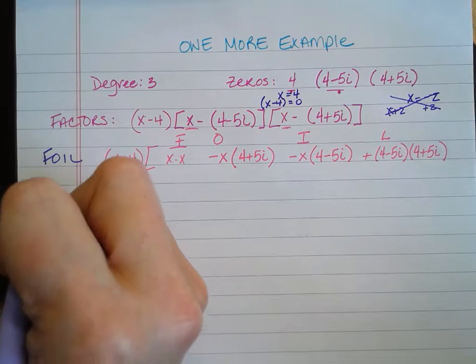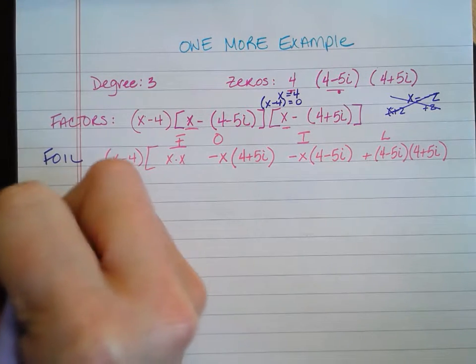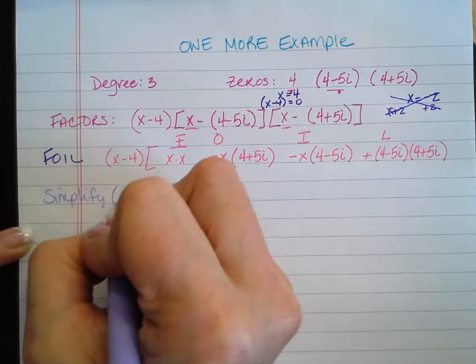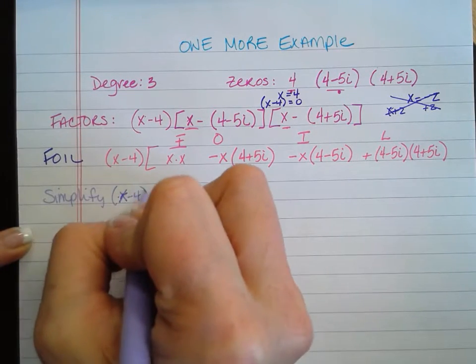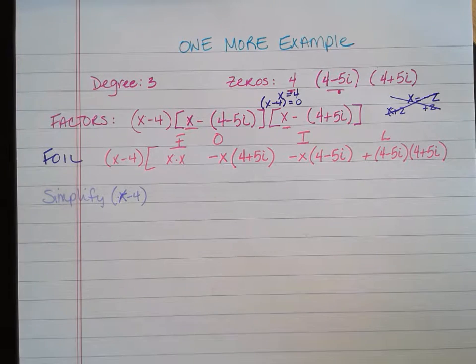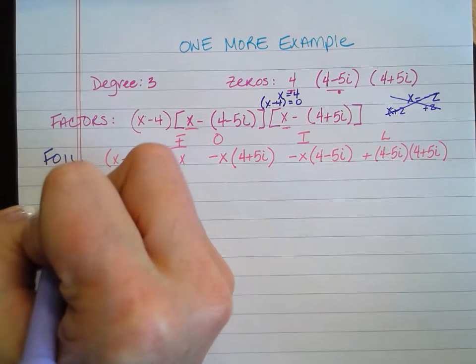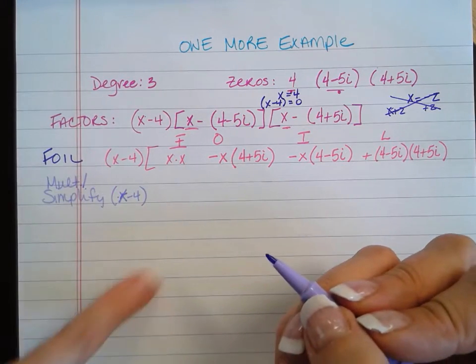Okay, so next I just need to simplify. The x minus 4, I'm still kind of coming along for a ride. When I say simplify, this time I'm actually going to do the actual multiplication.